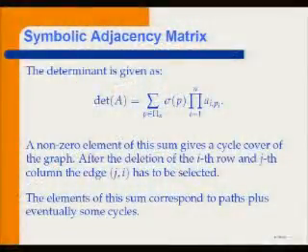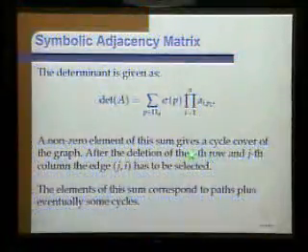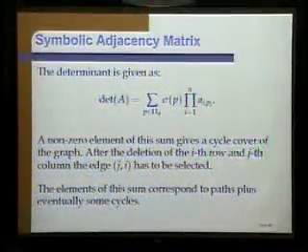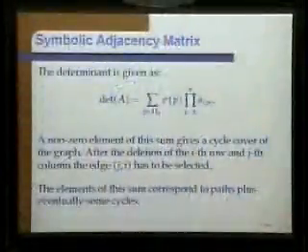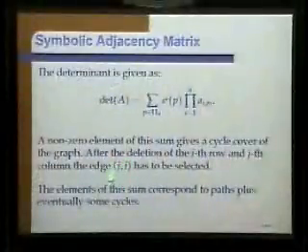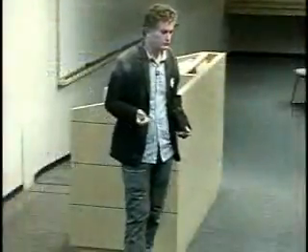So this gives a cycle cover. What has happened is that we have deleted some row and a column, and this means that in this permutation, this element has to be present because it has already been taken. We have taken it explicitly. So there has to be a cycle which contains an edge from j to i. And the rest of the cycle is, of course, a path from i to j.